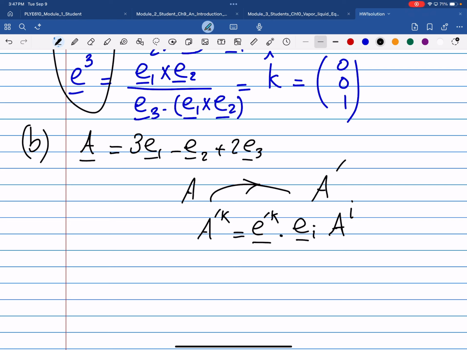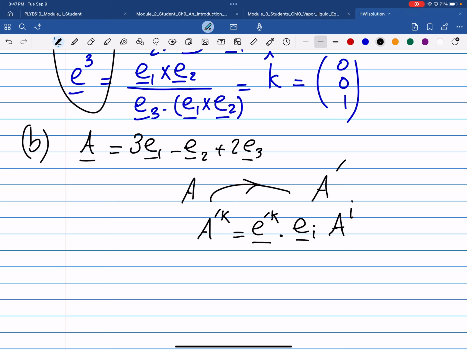So in this particular case, when we are doing this type of representation of a vector, that's called covariant representation of a vector. Basically, you calculate the components of the vector in the reciprocal basis, not the real basis.